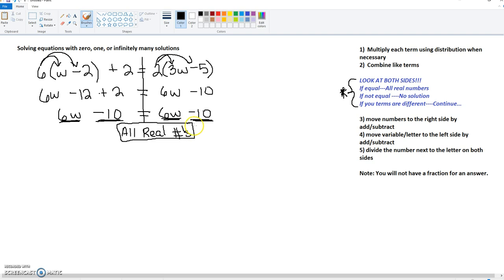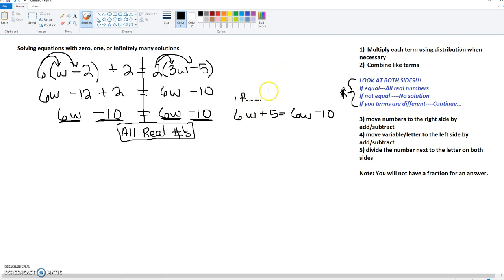Now, let's do a hypothetical situation here. Let's say we had 6w plus 5, and remember this is hypothetical, and 6w minus 10. This is another scenario.